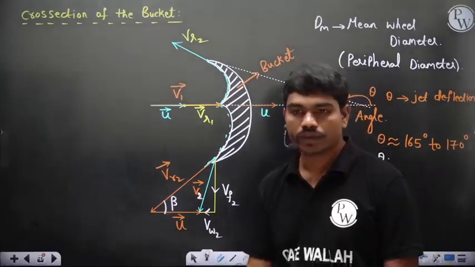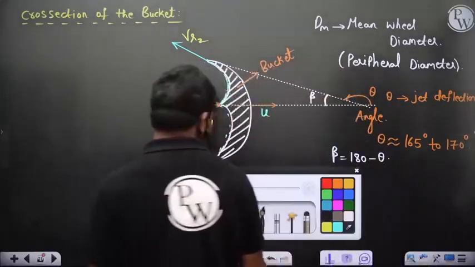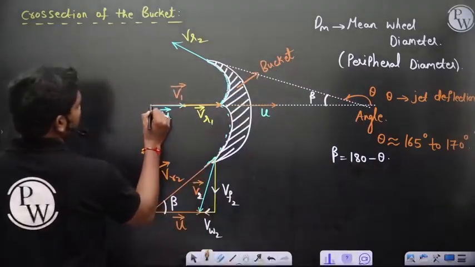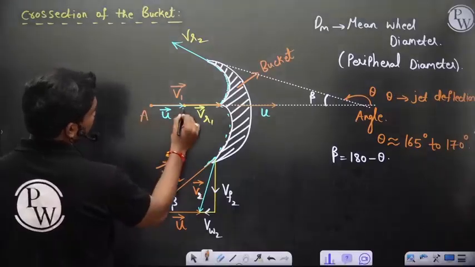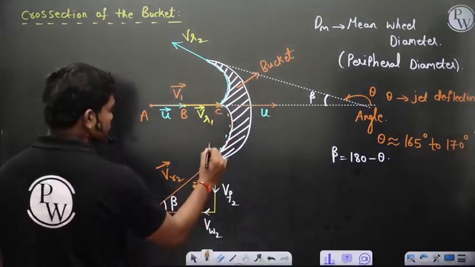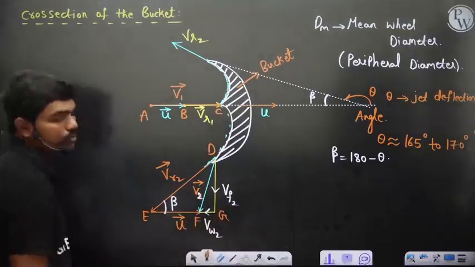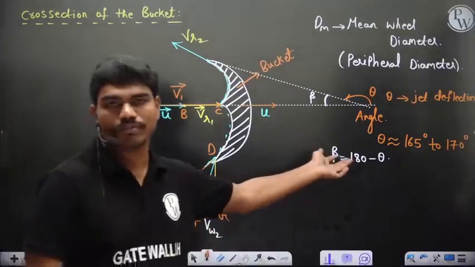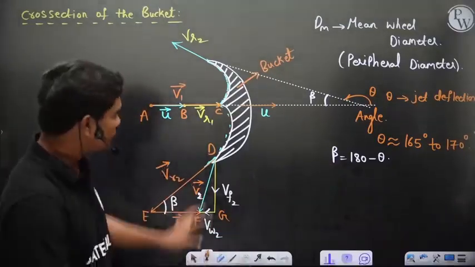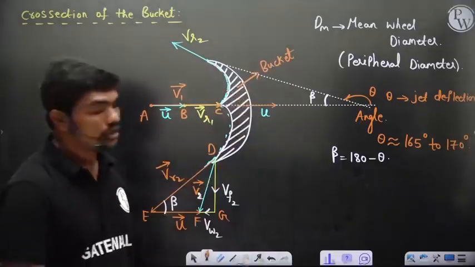Fine. Let us name these points, maybe like A, B, C, D, E, F, G, for example, because we need some names to do some mathematical analysis. Now this is a triangle, very clear.